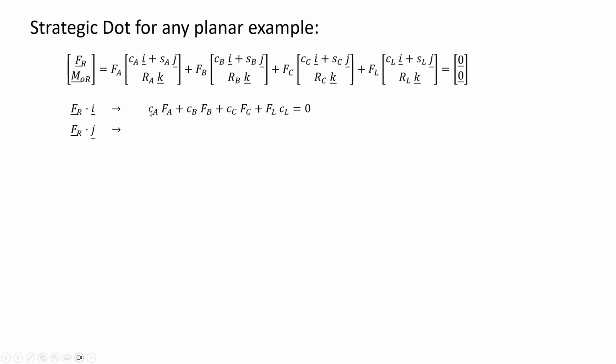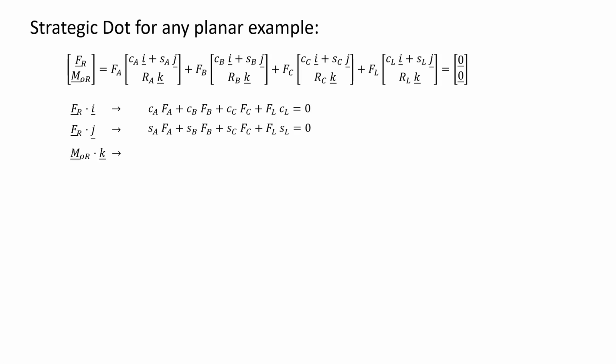And then you're going to repeat this, the resultant vector dotted with j, and for the same reason, j dot j is 1 and i dot j is 0. You're going to be plucking out the sine, and you're going to be getting an equation in terms of the sines times the various scalar forces.